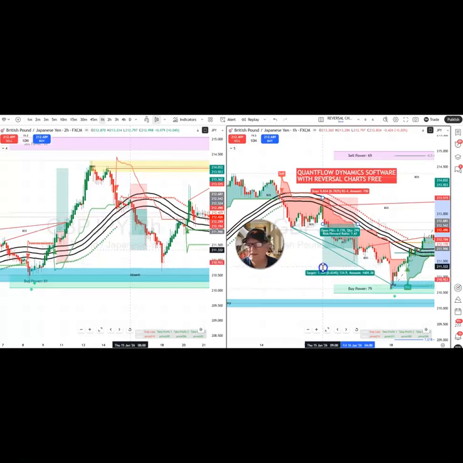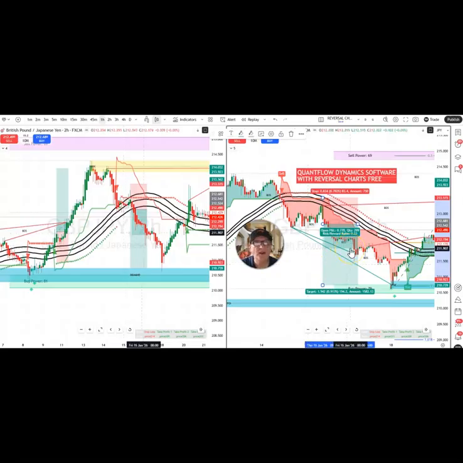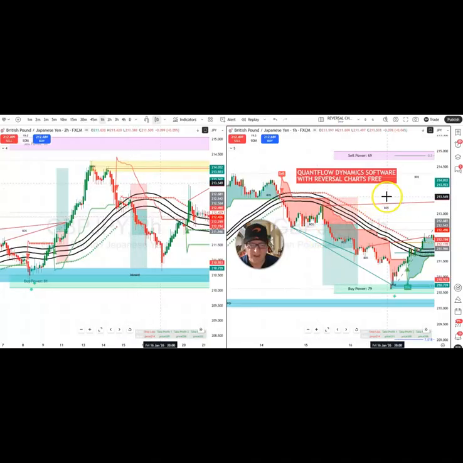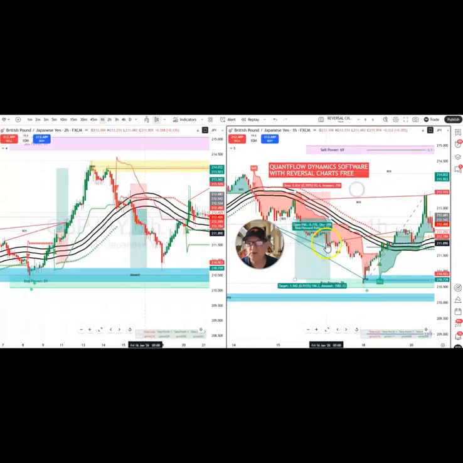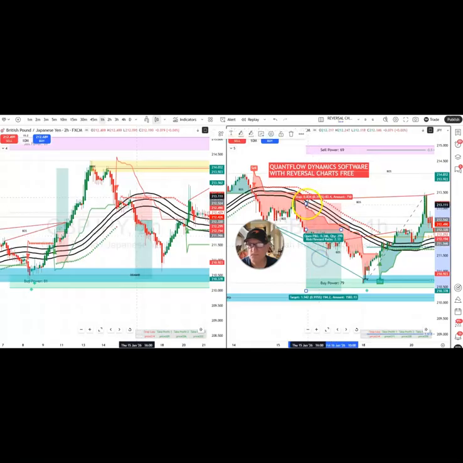As I do that, you can actually see it doesn't really matter where you get in, because you know where the target is, and you can actually achieve 2.33 risk to reward on the breakdown as well. So don't get stressed about missing the exact point. That's not what it's about. You could get in here and use this as your trailing stop, the red line.